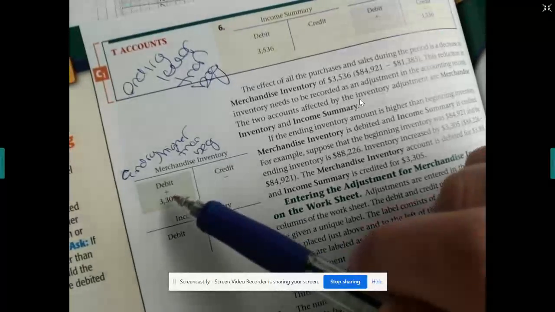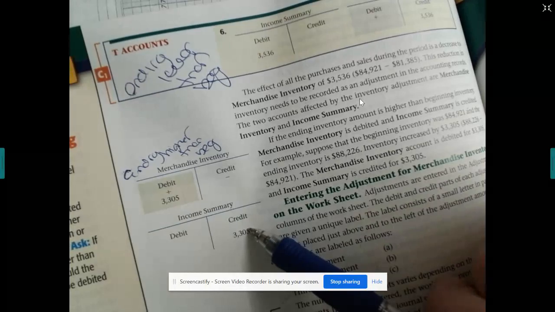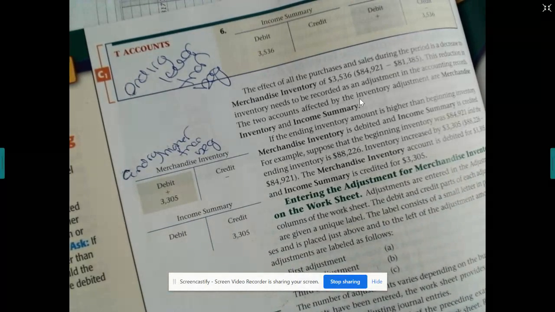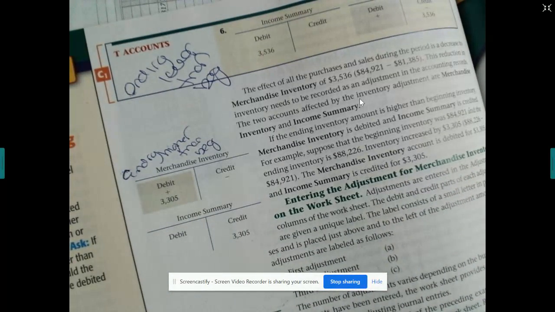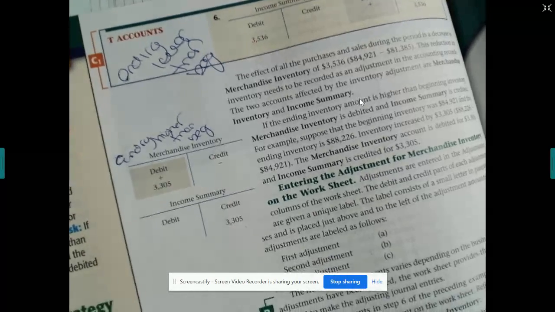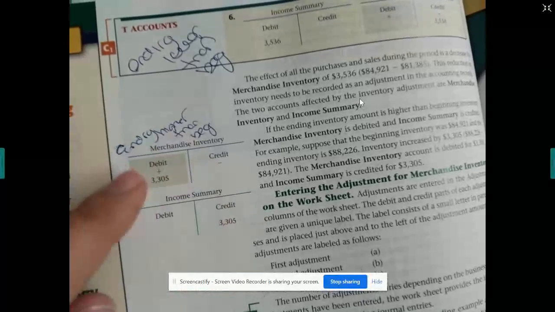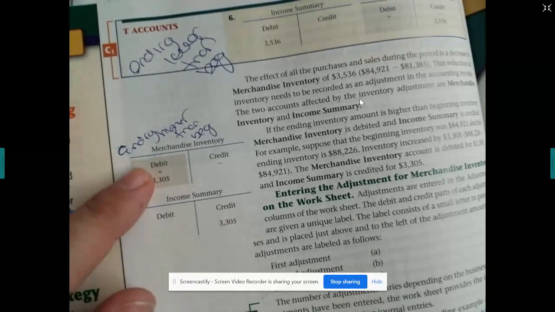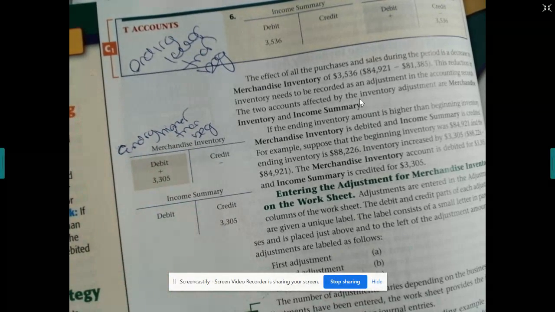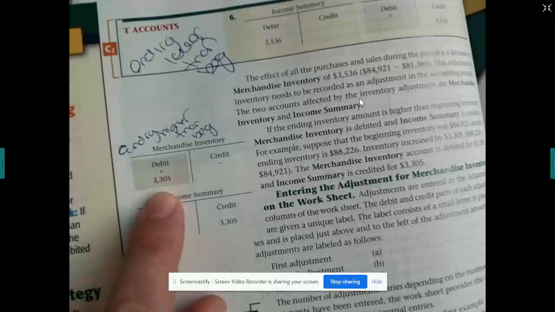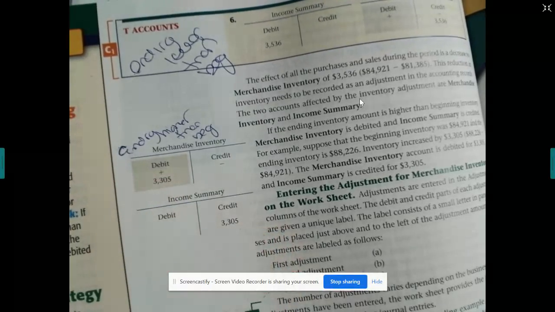If this is increasing, this has to be the credit. This one's probably the trickiest of the 4 adjusting entries we've talked about so far, because it can do 2 different things. So just remember, if we end up with a higher ending number, it has to be increasing because we have more on the books, and we increase that value to show so. And then this has to be the credit.